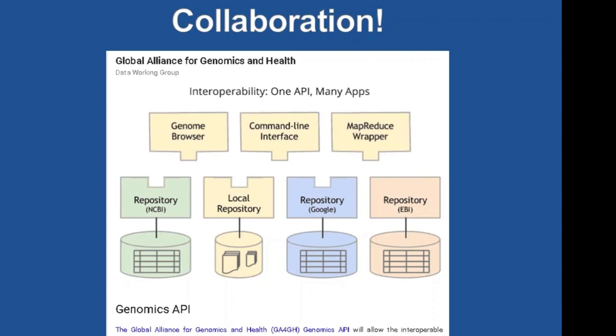However, their API did not work with the NCBI data repository. So what we managed to do was to glue their Reads API to the NCBI Reads API. And now you can use the GA4GH API to access NCBI data in the SRA.